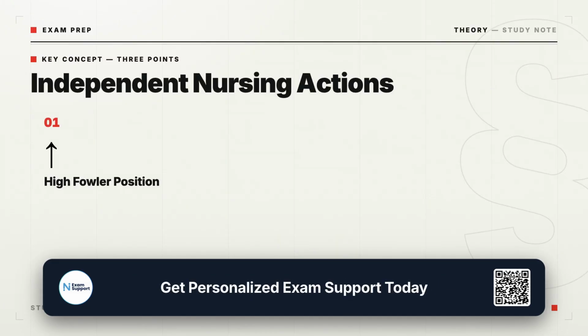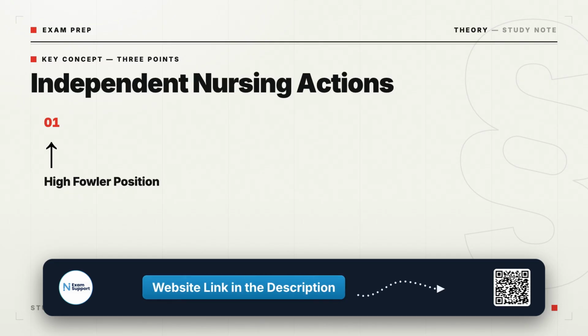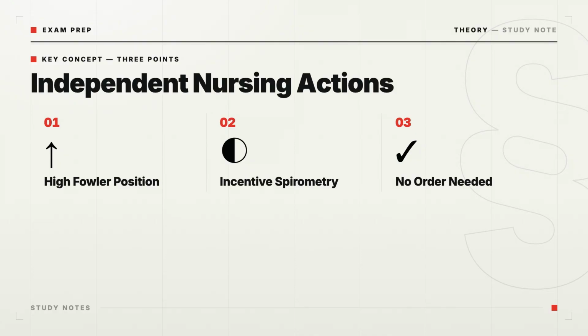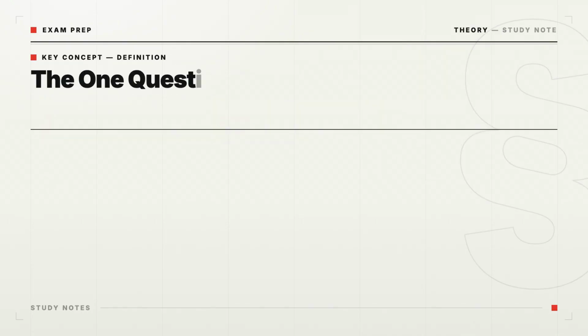Raising the head of the bed to semi-Fowler's uses gravity to drop the organs away from the diaphragm, letting the lung bases expand. Incentive spirometry has the patient inhale deeply against a target, reopening alveoli that shallow breathing let collapse. Both are within independent nursing scope and both directly widen gas exchange.